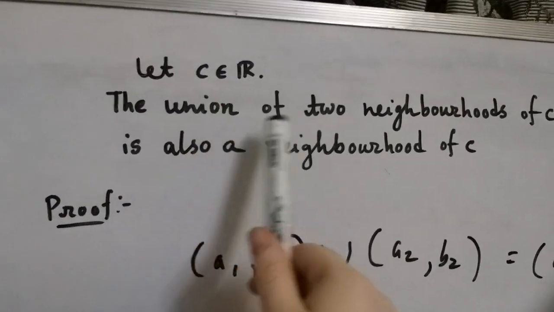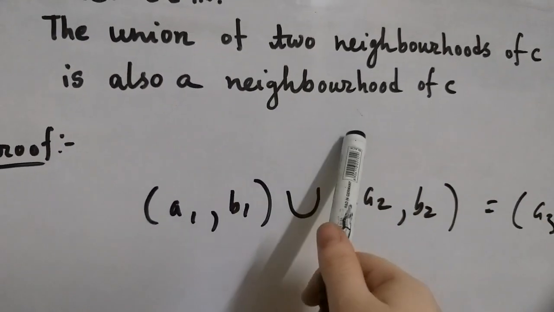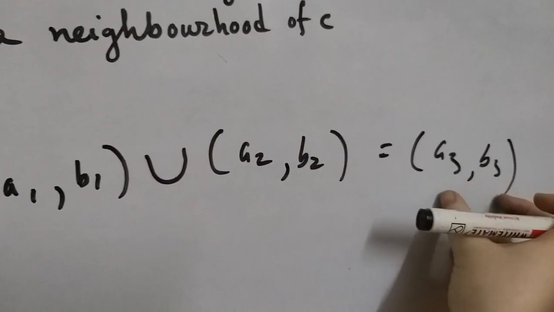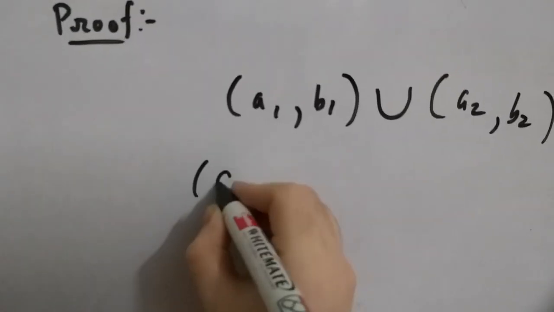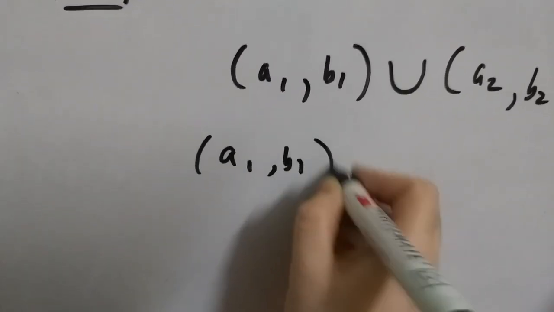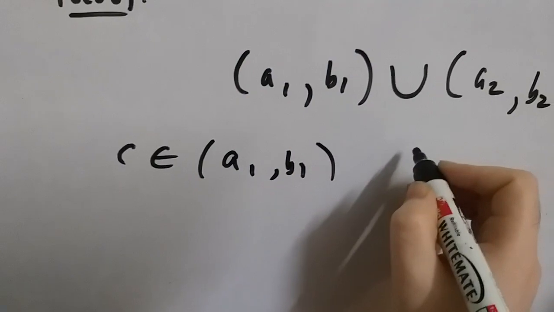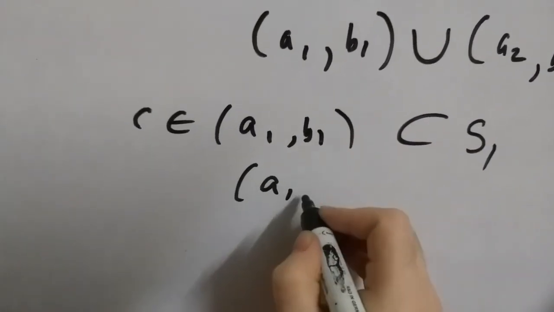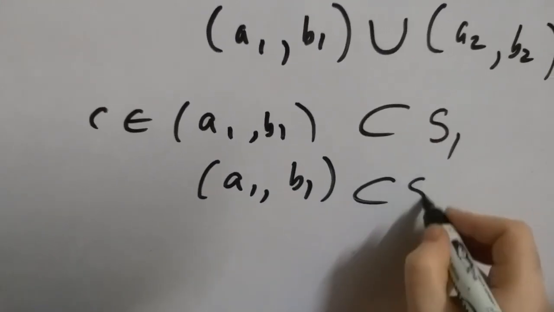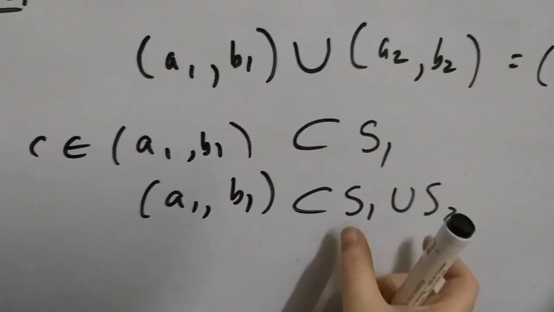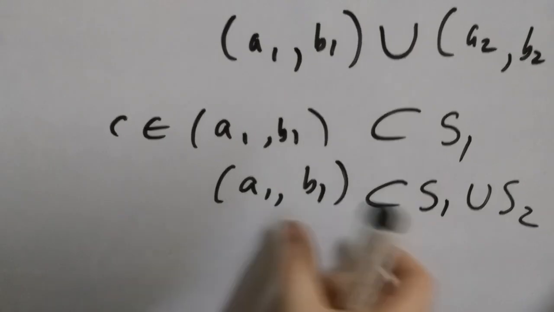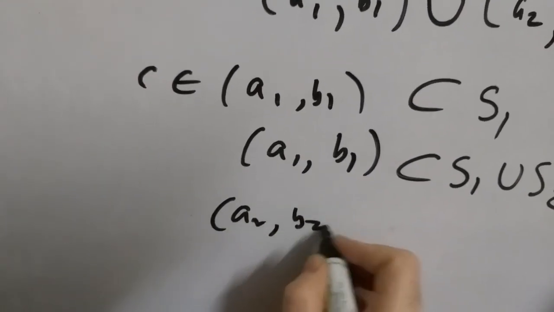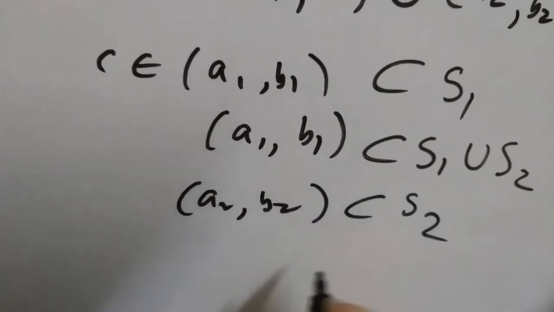We have to prove union of two neighborhoods of c is also a neighborhood of c. So we take union of two intervals and we get this equals (a3, b3). Now (a1, b1) is contained in S1. Therefore (a1, b1) is contained in S1 union S2. I made the set bigger, so (a1, b1) will also be contained inside it. Similarly (a2, b2) is contained in S2.